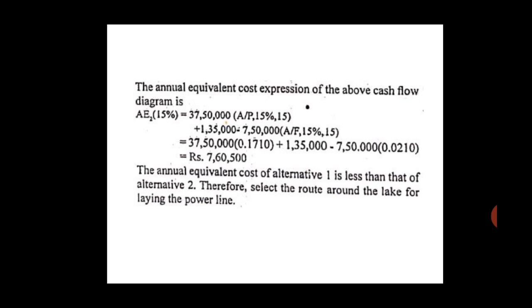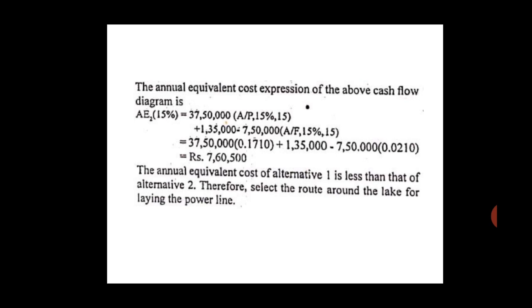So A/P means this is only a one-time investment. P is the principal amount, and I have to find the equivalent amount. Then A/F means this is the scrap value that I am getting only once. For that I am converting this 7,50,000 into an annual equivalent amount. Okay, that is A/F.